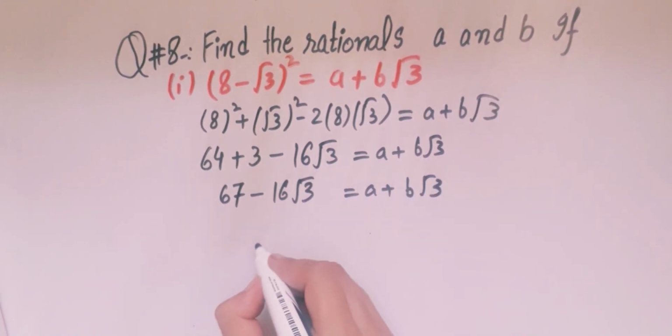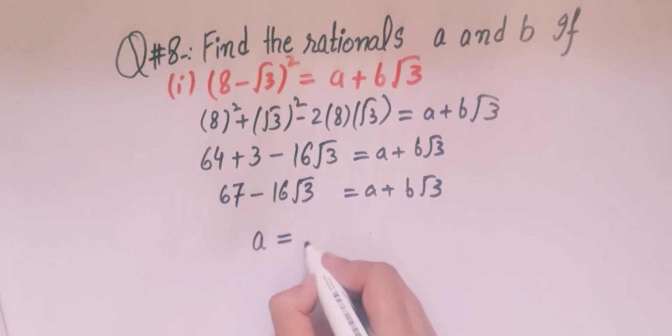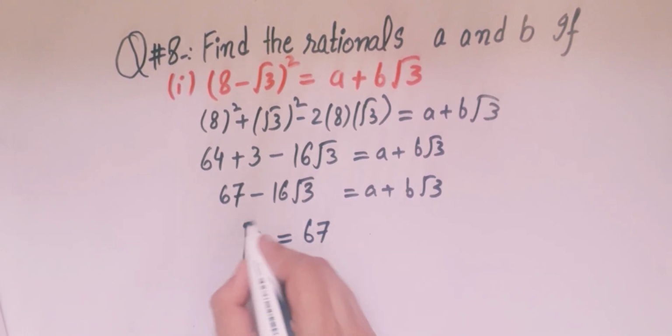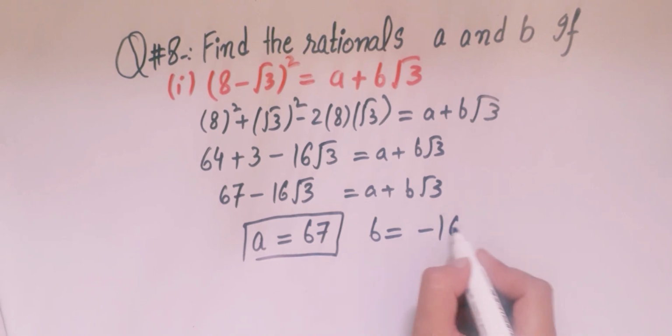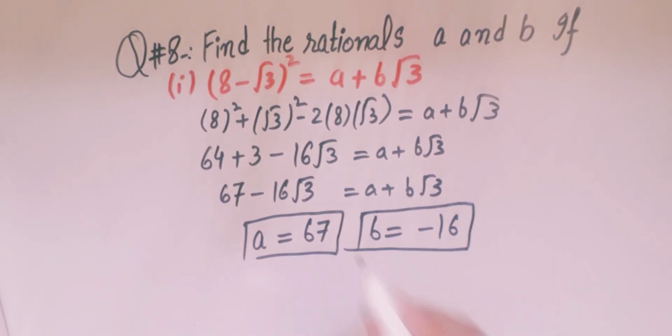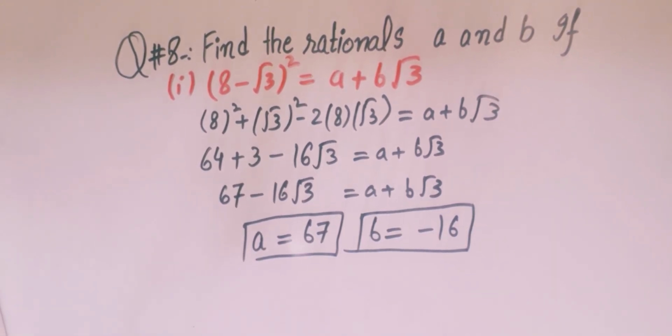So what is the value of a? Here a is 67 and b is equal to minus 16. I hope you can solve this easily.